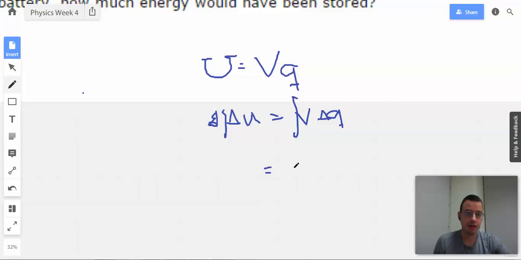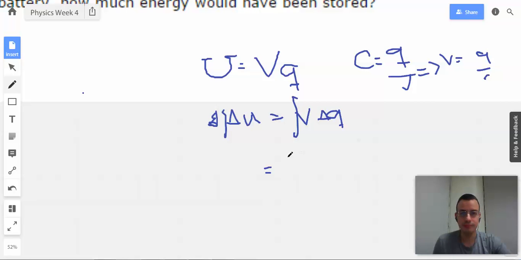We get the integral of V dq, where for a capacitor, we know that capacitance equals Q over V. Therefore, V equals Q over C. So we have the integral of Q over C dq.